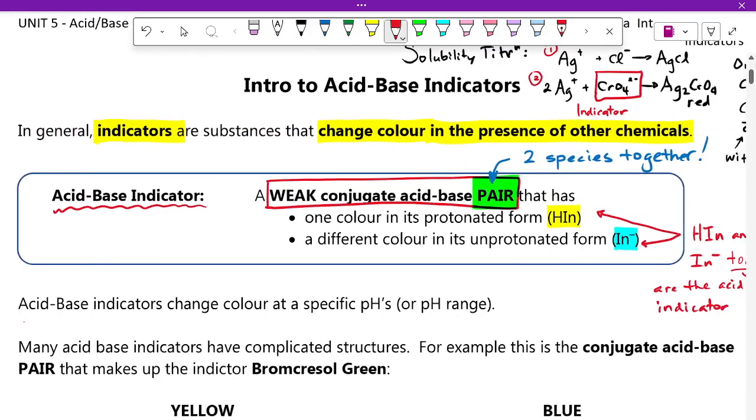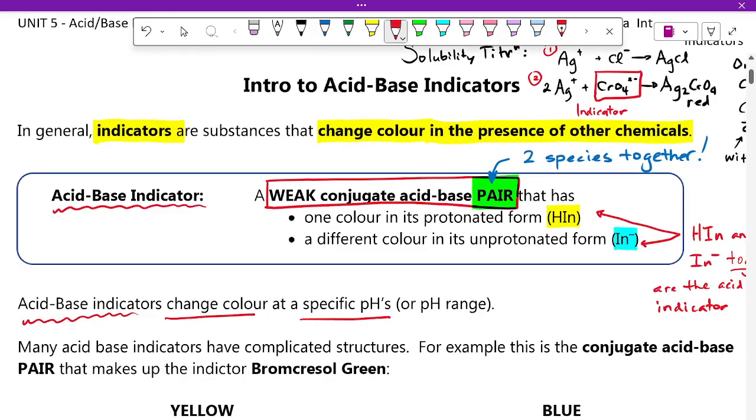Okay, acid-base indicators change color at a specific pH or pH range. So everyone is different. And if you want to take a look at what range they change color at, you can grab your pink data booklet and turn to page 7. If you don't have a data booklet, you're going to want to go get one.